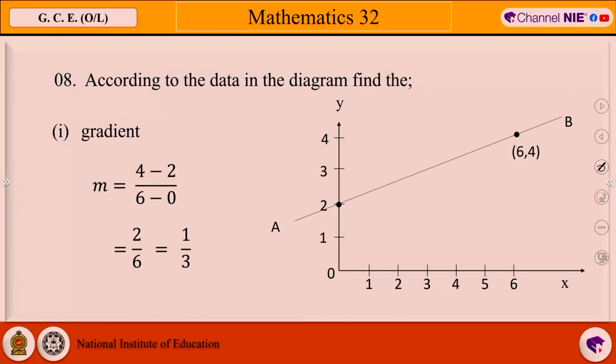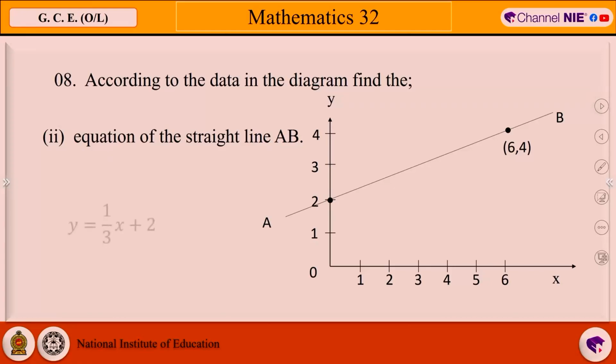Then what is the intercept here? Here you can easily find the intercept as 2, isn't it? Where the graph cuts the y axis, that is the intercept. So, we know the gradient, we know the intercept. Now, we have to write the equation of the straight line, which is y equals 1/3 of x plus 2. For this, you will get 1 mark, and for the gradient 1 mark, altogether 2 marks.